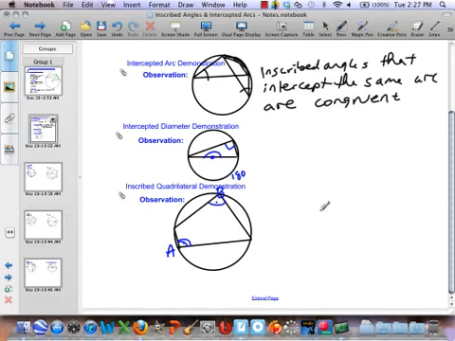Alex? If you add them up, they equal 180 degrees. You guys understand that. This is one of those big things to understand. With an inscribed quadrilateral, opposite angles are supplementary.